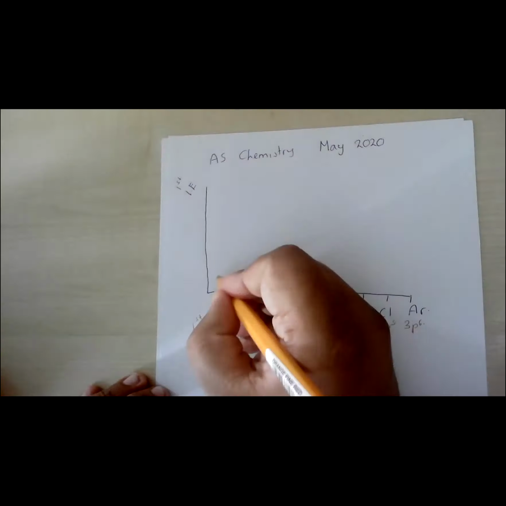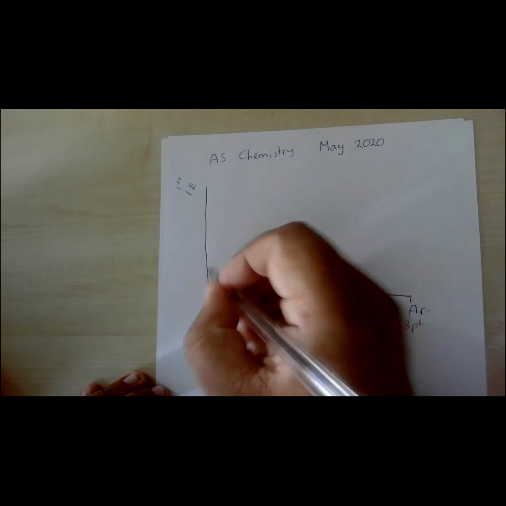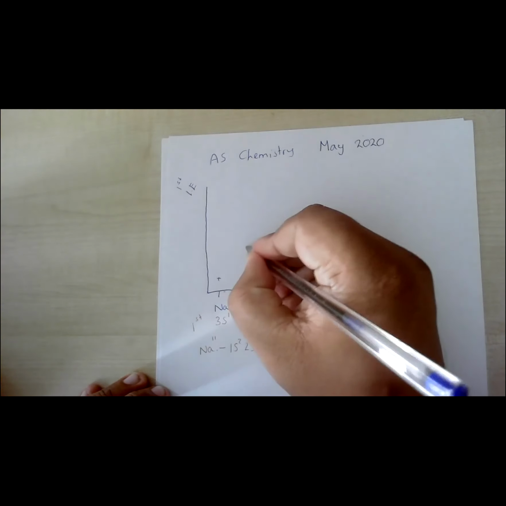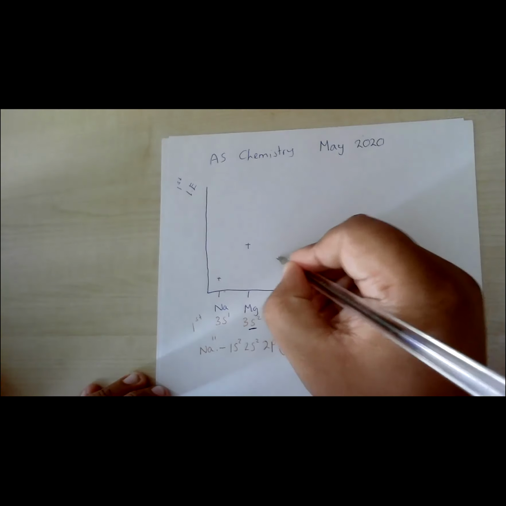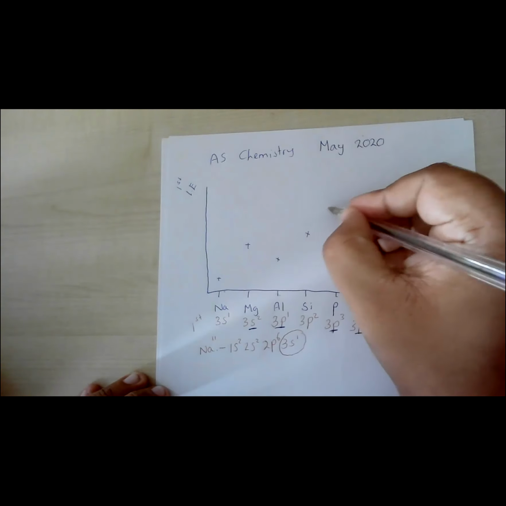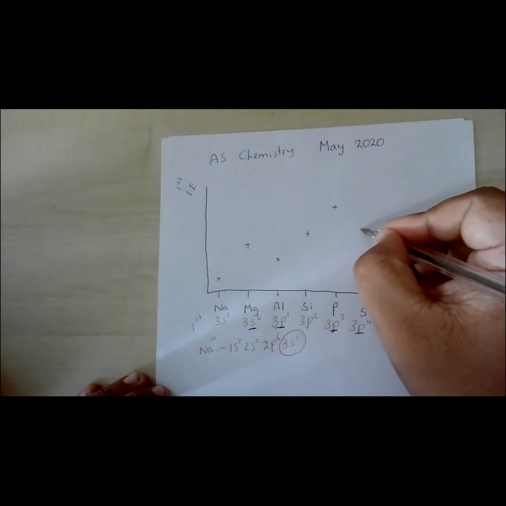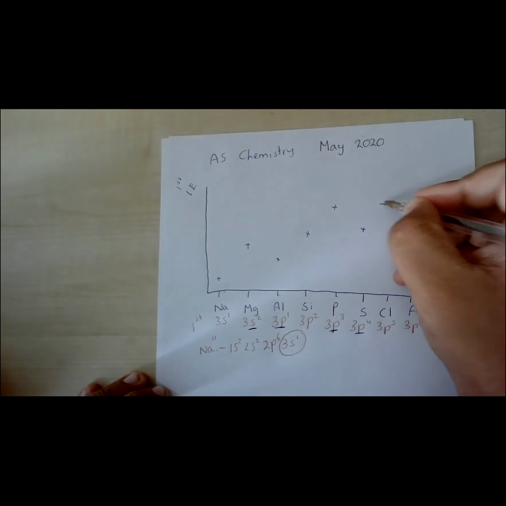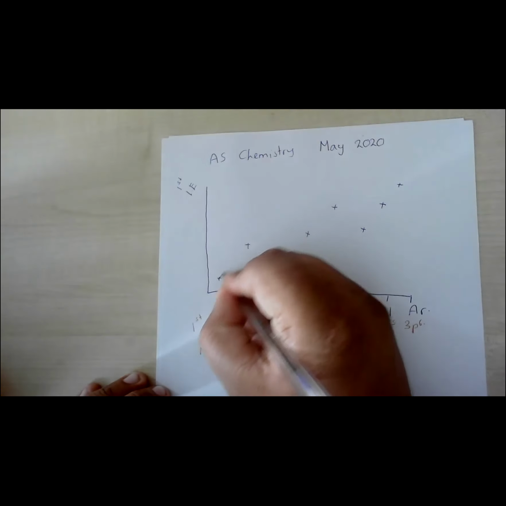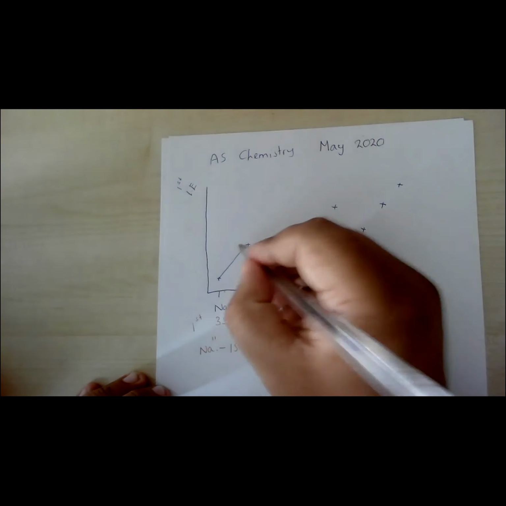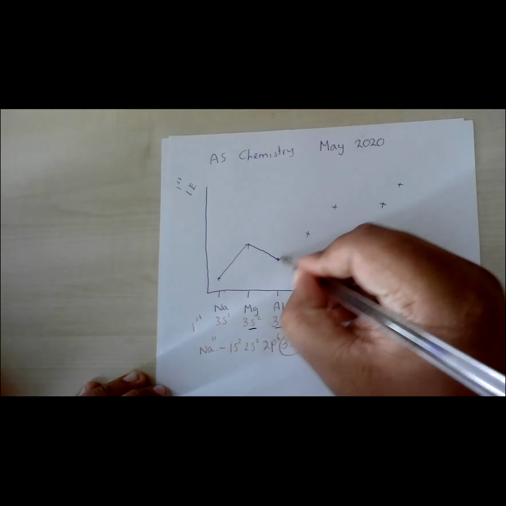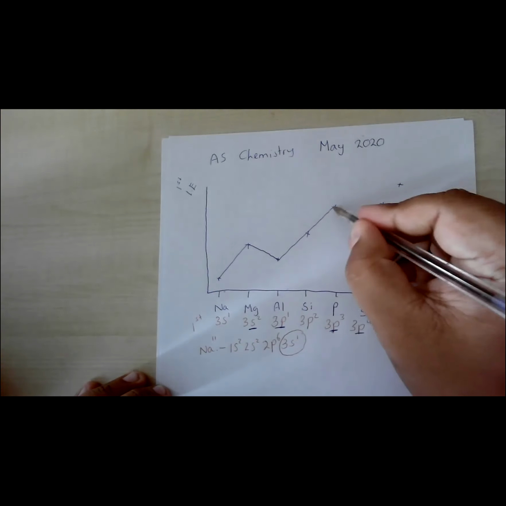If I plot that for you, for example sodium, magnesium, aluminium, silicon, phosphorus, sulfur, can you see the 2 dips that I'm putting there? It will look something like this, which is the ionization energy across the period.